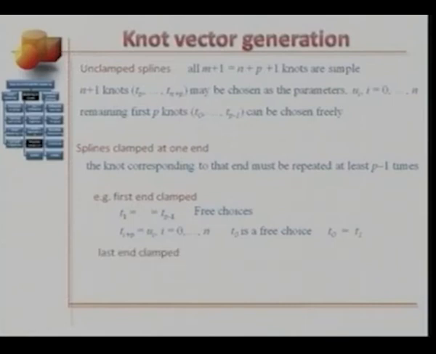Now the case with the last end clamped. Well, here we can have the first n plus 1 knots as ti equals ui.